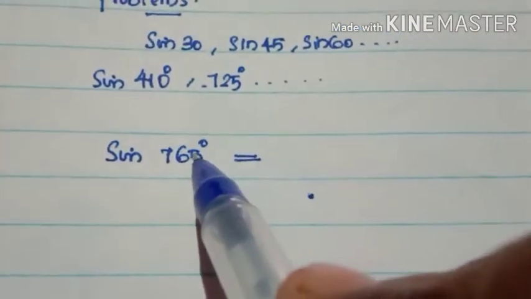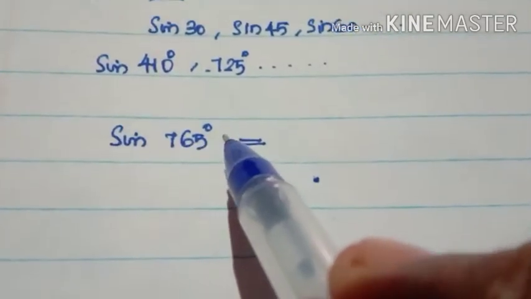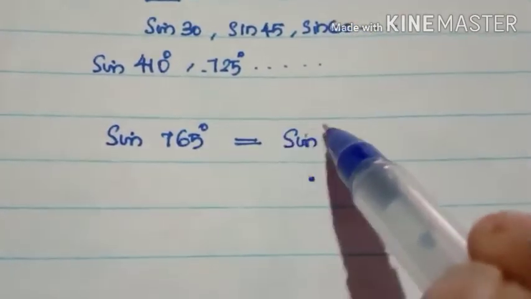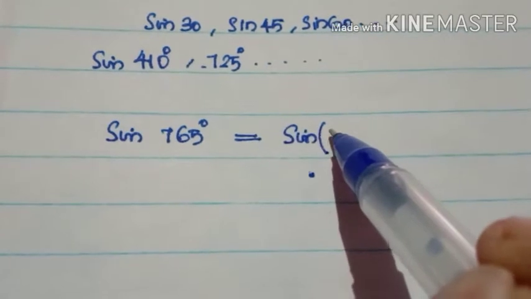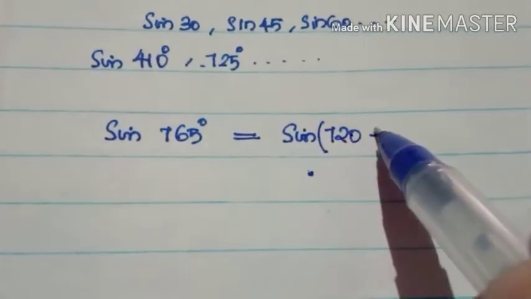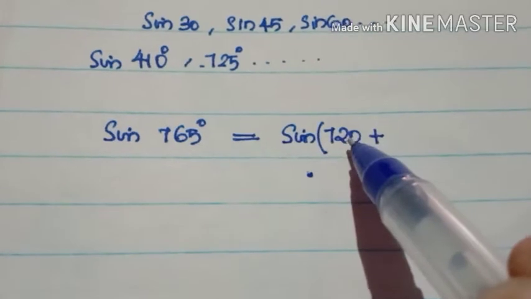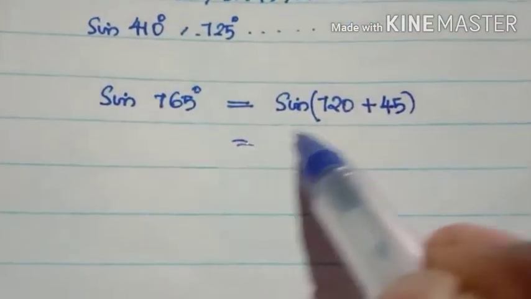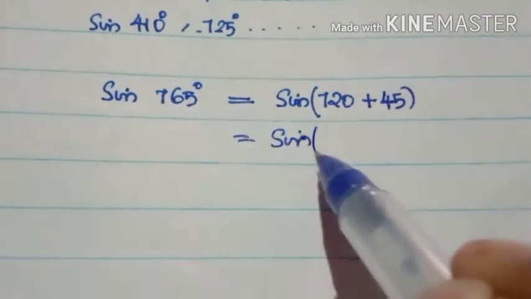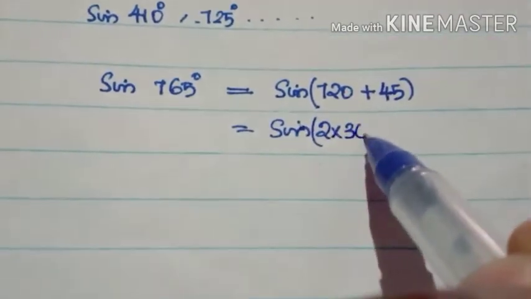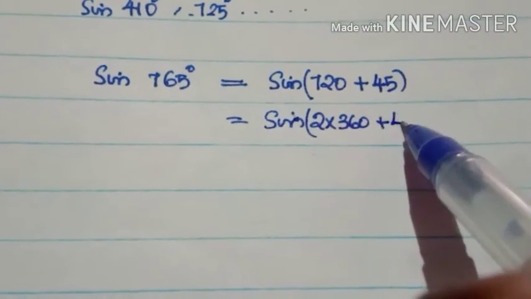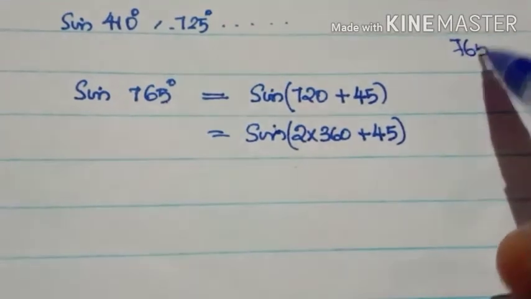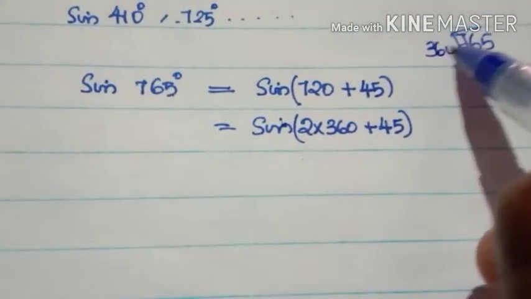So this 765 degrees can be written as sine of 720 plus 45, and this 720 is twice 360, plus 45. You just divide 765 by 360 and you will get the answer.